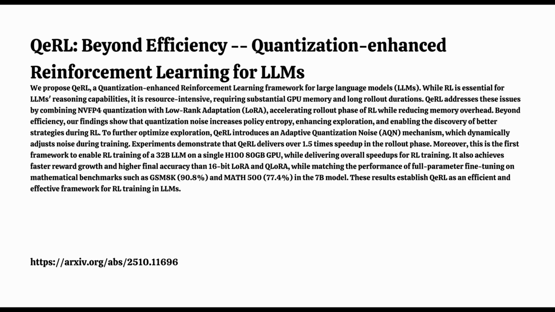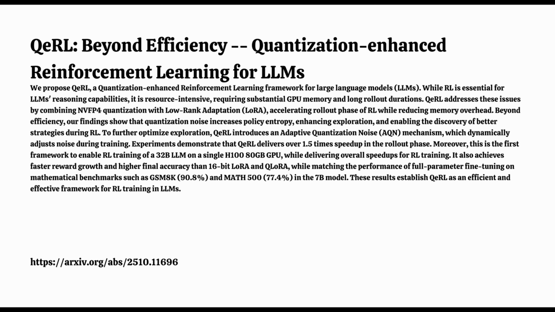The sources explain why. Quantization noise inherently increases the model's policy entropy. Policy entropy. How does making the policy sort of noisier help performance? Well, think of policy entropy as measuring how random or maybe uncertain the model is when choosing its next word or action. Higher entropy means it's not just laser focused on one single best option. Okay. It assigns decent probabilities to a wider range of possibilities.